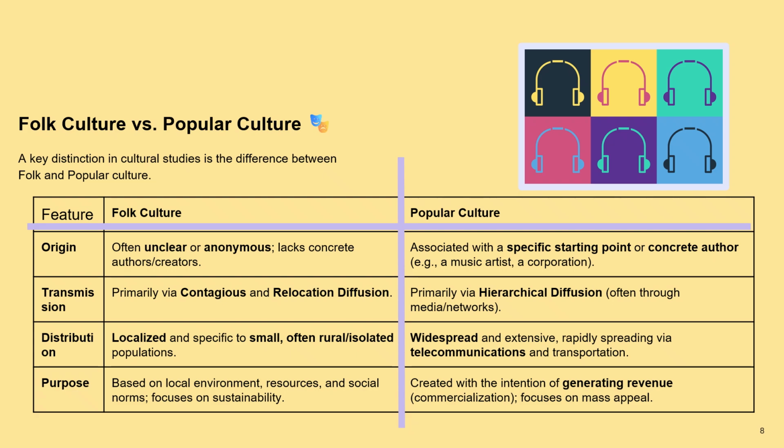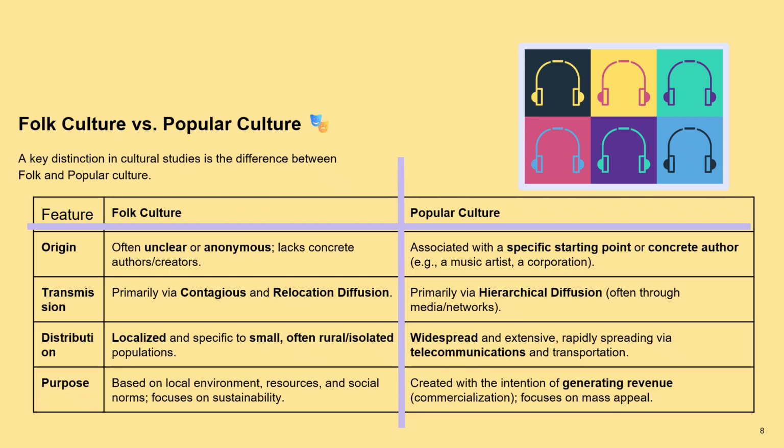And so folk culture often has a sense of being manifested out of nothing, right? A lot of times there's mythology tied into folk culture because we don't always know the origins. Pop culture is different because we do typically know the origins. We know who the creators are.